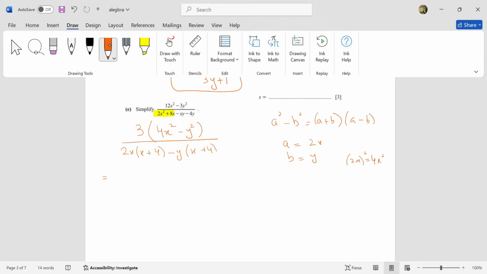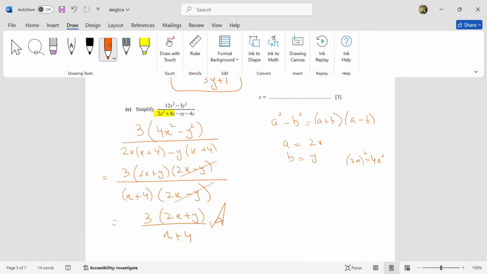So applying the third identity in the numerator, we get 2x plus y, 2x minus y. In the denominator, bracket x plus 4 is common. We are left with 2x minus y. If we check out, this can cancel with this. So we are left with 3, 2x plus y upon x plus 4, our answer.